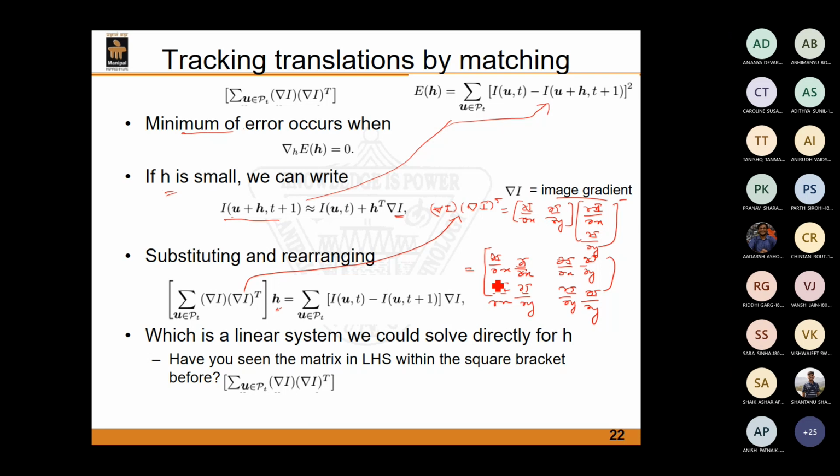When we substitute and get this particular equation, let's say the value associated with this matrix, when you solve it, is very small, say 0.1 or 0.5 or 0.01 and so on. Then we can solve this equation as a system of linear equations, we can solve it for h.